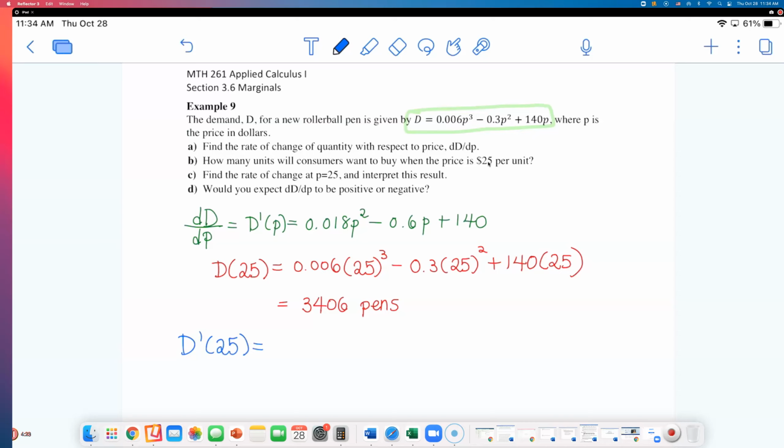And that will be 0.018 times 25 squared minus 0.6 times 25 plus 140.